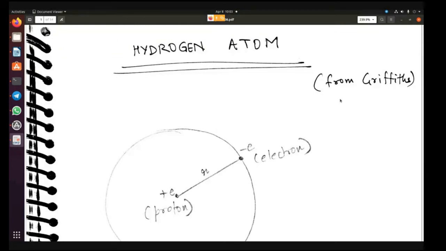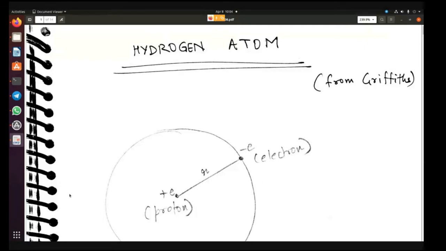All right. So in a hydrogen atom, we know that there is one electron and one proton, right? And the proton is in the nucleus and the electron is orbiting around the proton, right? And the distance between the electron and proton is some distance r, right?